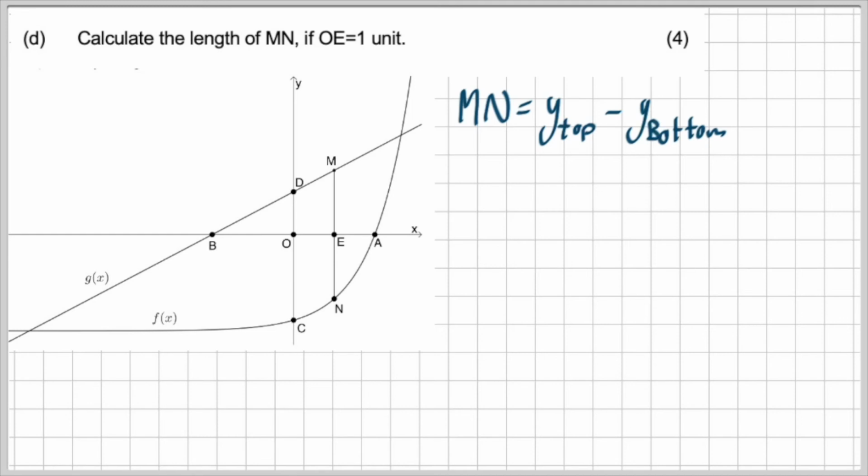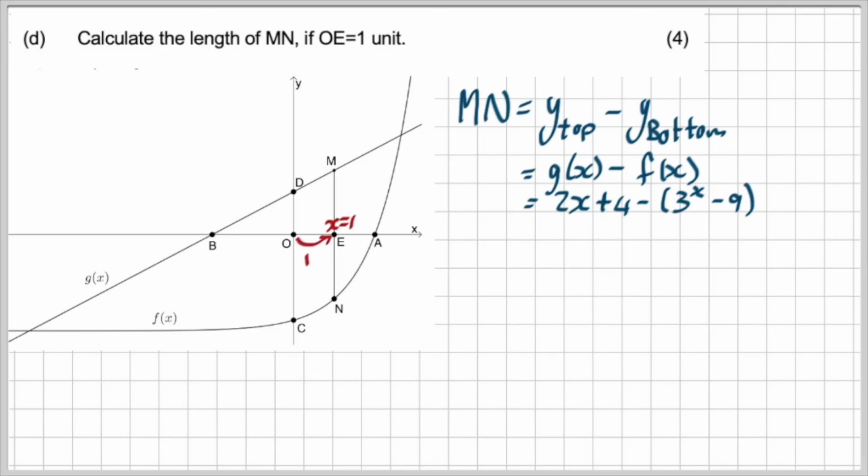So please get this disclaimer. You can go and determine the y value at M and the y value at N and simply substitute them in. Would be 100% right. But in grade 11 and 12, it's not always going to work this way. So I'm going to take g of x, that's my top graph, take its equation and subtract the exponential graph from it. And then I interpret. Okay? So what is the interpretation?